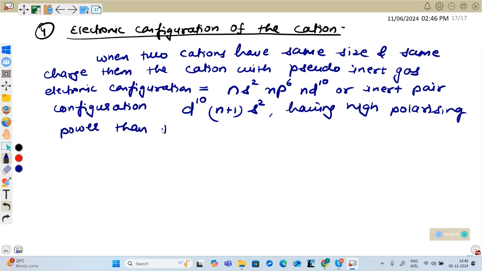Then the one with noble gas electronic configuration.